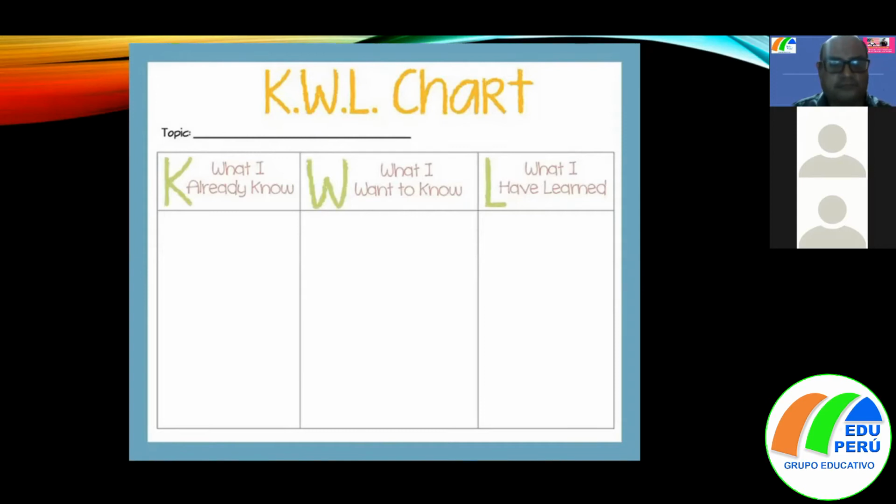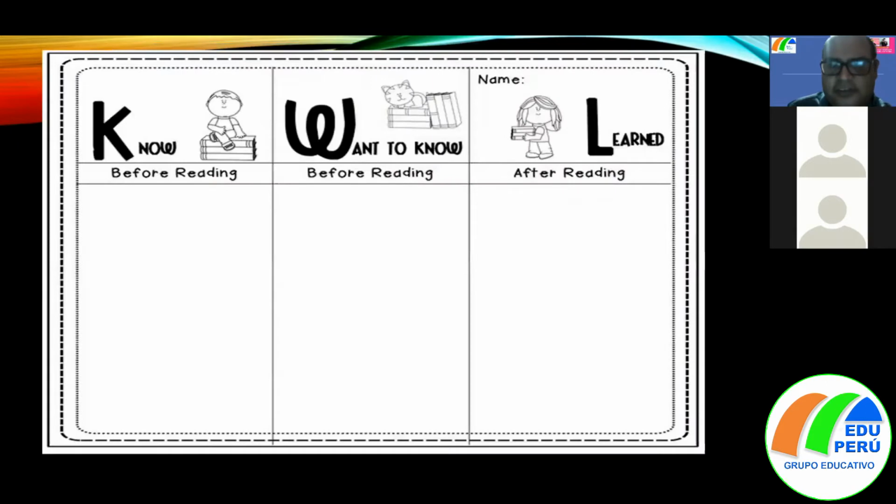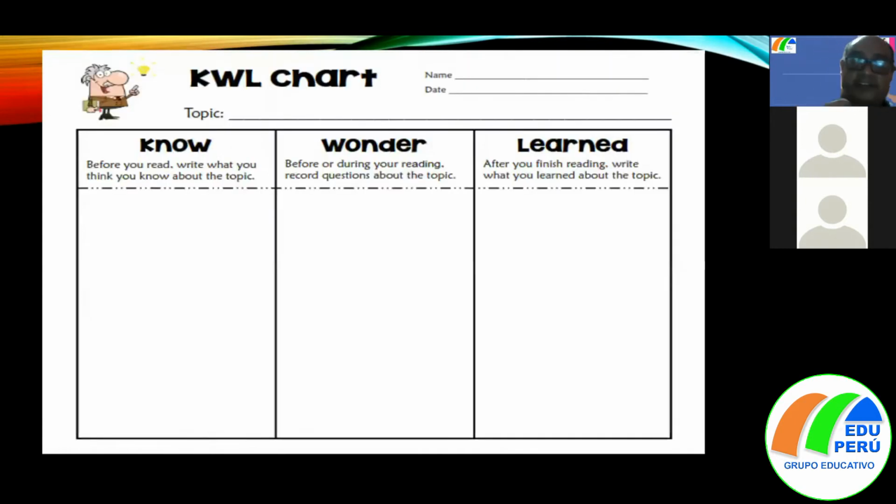So, here I'm going to show you more examples. Here the letter K is before reading. Then want to know, it is also before reading, and learn is after reading. Notice here, you have this other example related to the KWL, and I'm going to show you one more. Here you have, instead of want to know, you have wonder.